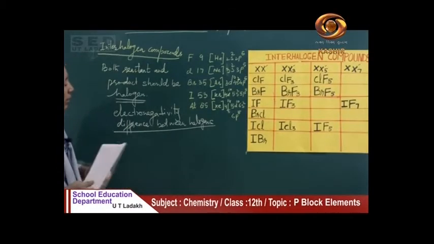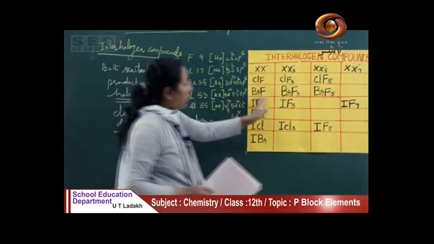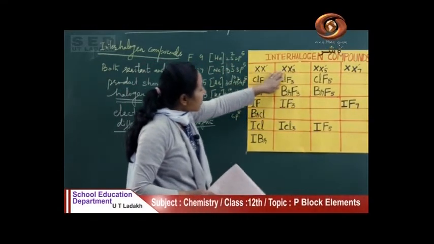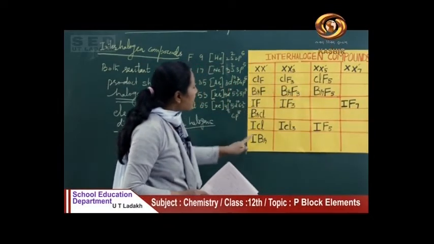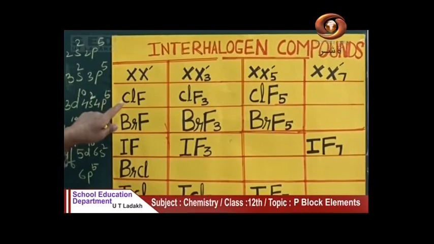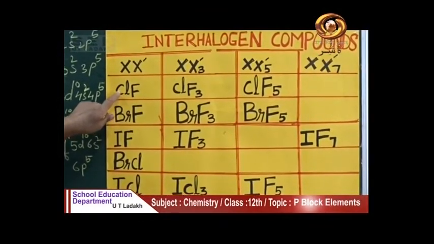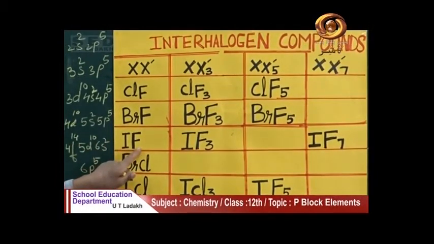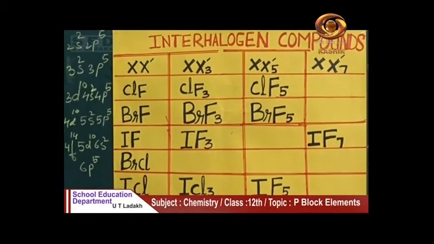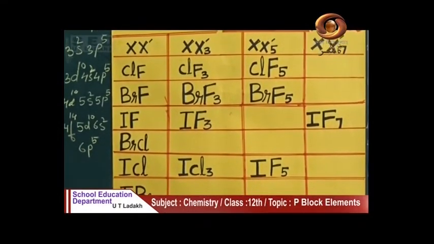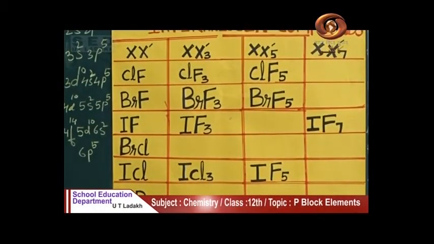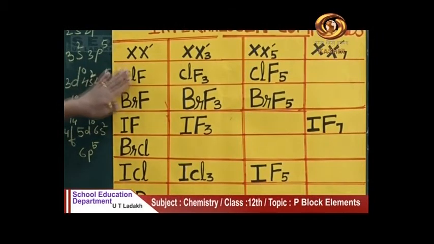We will see that interhalogens have different types. In these types, we can see the electronegativity difference between Cl and F, Br and F, I and F, Br and Cl, I and Cl, I and Br. Both halogens have an electronegativity difference, meaning their sizes should be different.